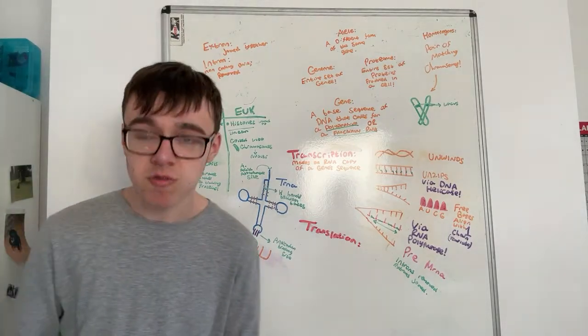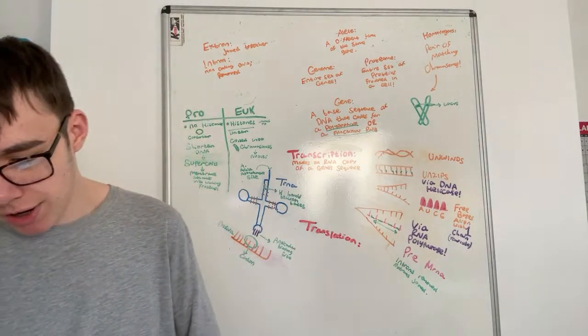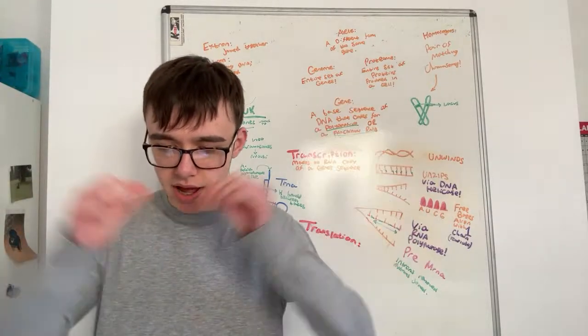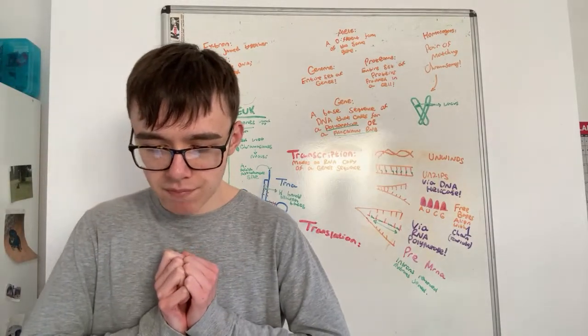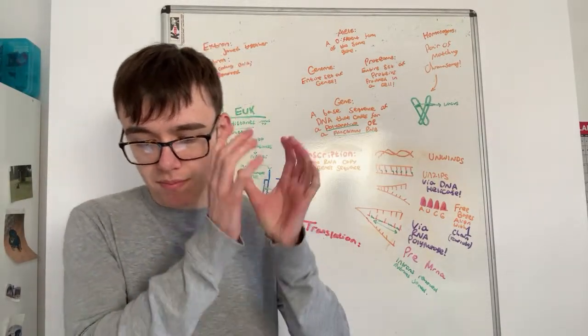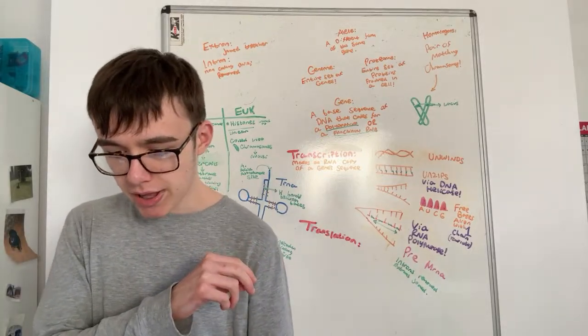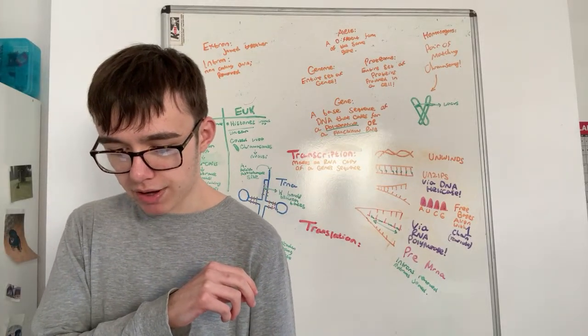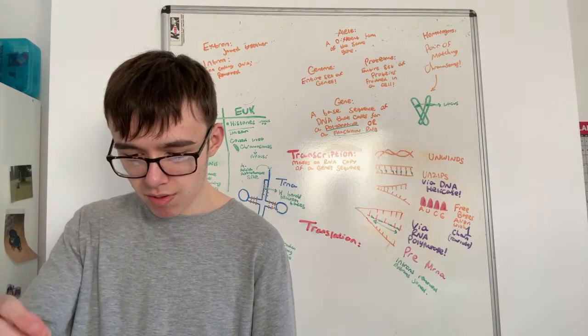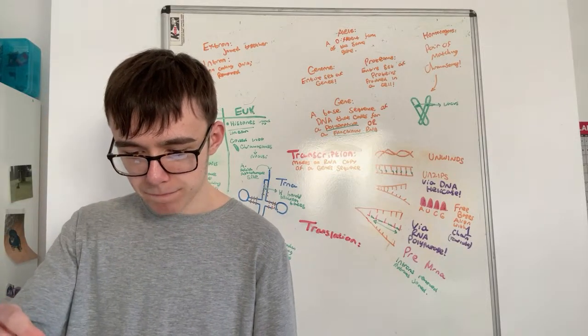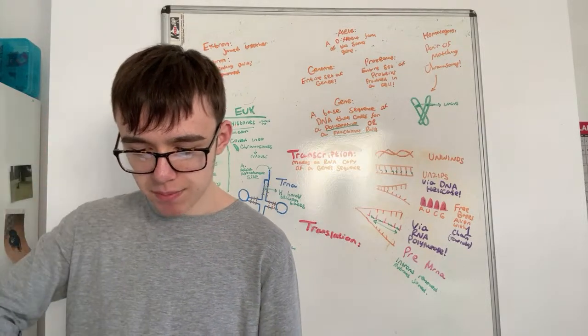From here, the mRNA leaves the nucleus and attaches to the ribosome. The ribosome attaches at the start codon, so basically the beginning. From there, the transfer RNA molecules float and bring a specific amino acid.